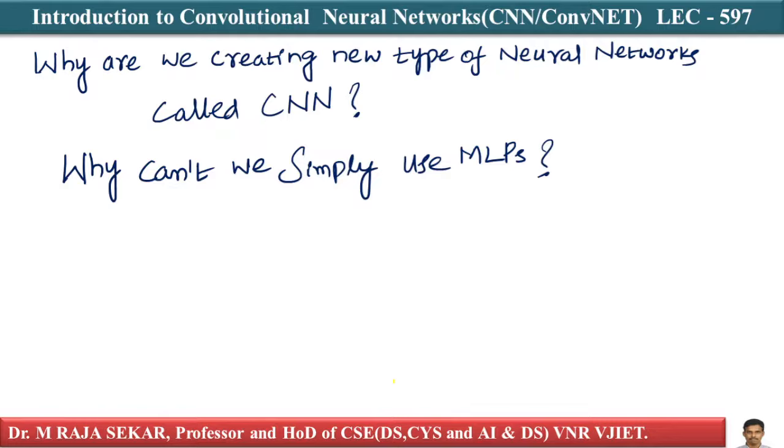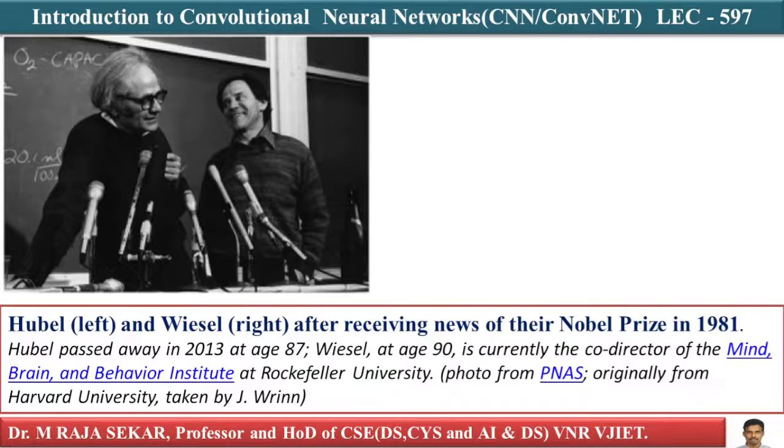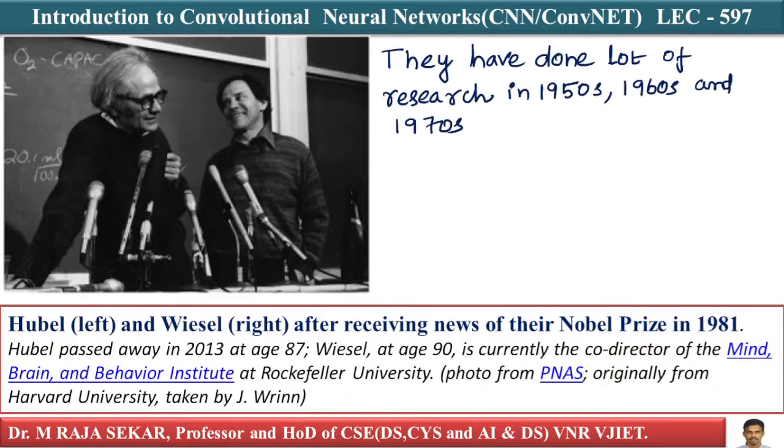I will come to it from a little bit of a historical perspective. In 1981, there was a phenomenal Nobel Prize in medicine given to the neuroscientists Hubel and Wiesel. This Nobel Prize was given for the fundamental research that they had done since the 1950s, through the 60s and 1970s.